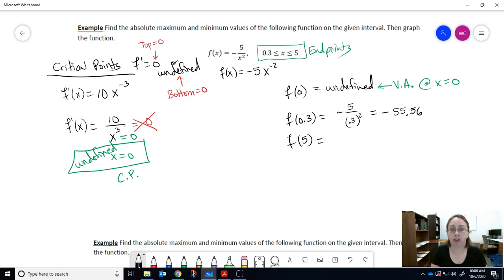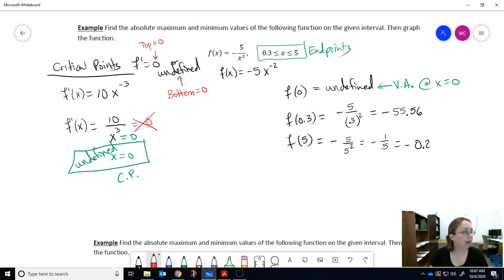And if we plug in 5, -5 over 5 squared, well, the 5 reduces, so we get -1 over 5. If I do a decimal so I can compare, we end up with -0.2. Okay, so what have we learned here?